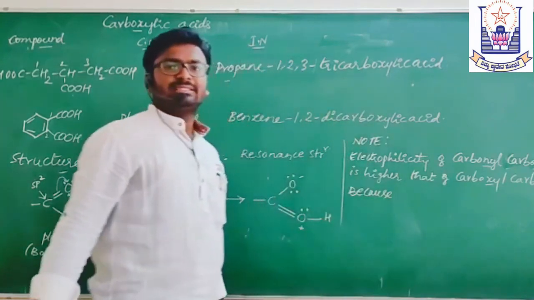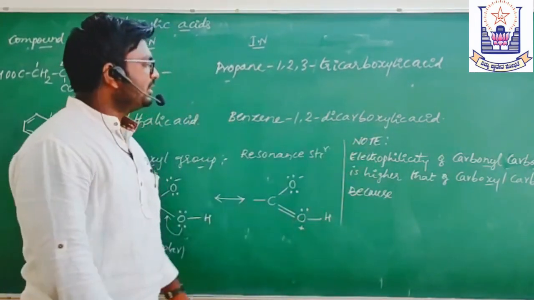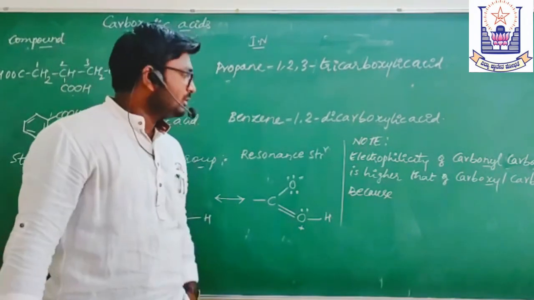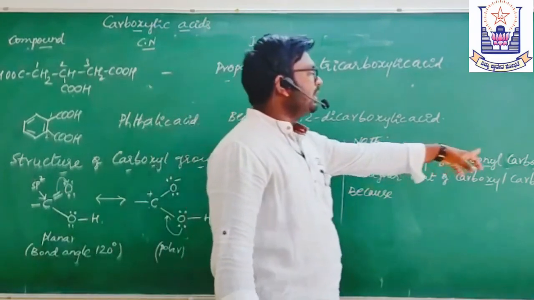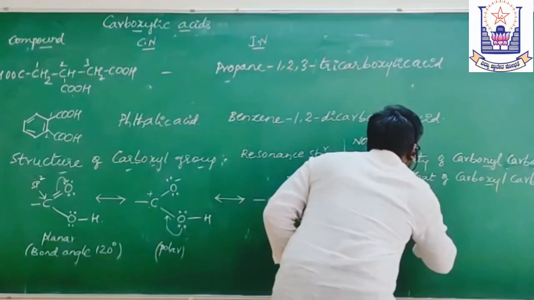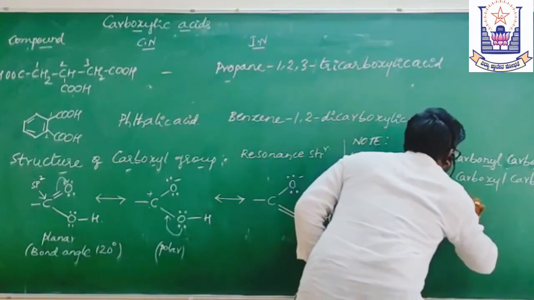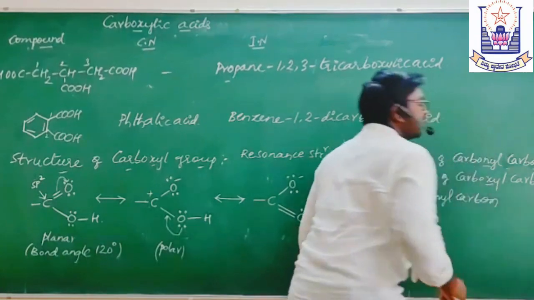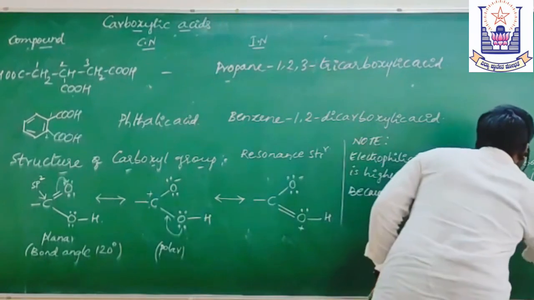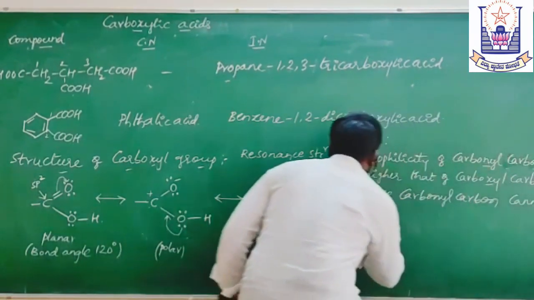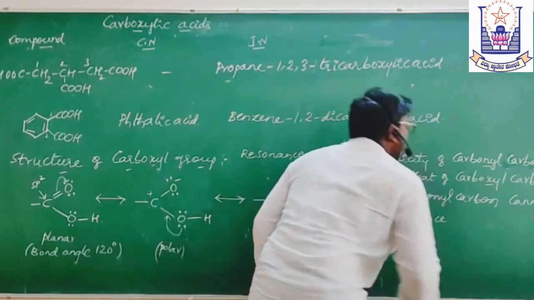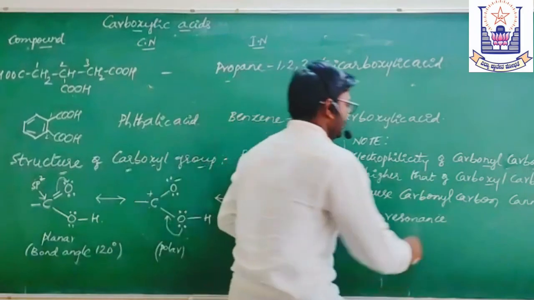If they ask the reason, electrophilicity of carbonyl carbon is higher than that of carboxyl carbon, give reason, you can give this reason: because the carbonyl carbon cannot undergo resonance or cannot show the resonance effect, or it is also called the mesomeric effect.